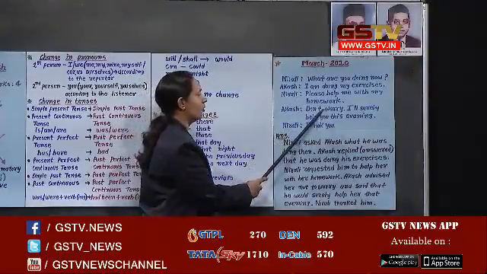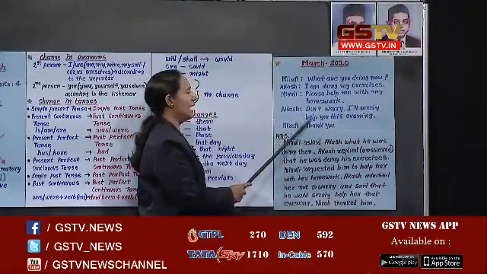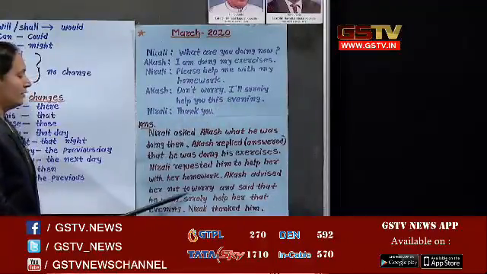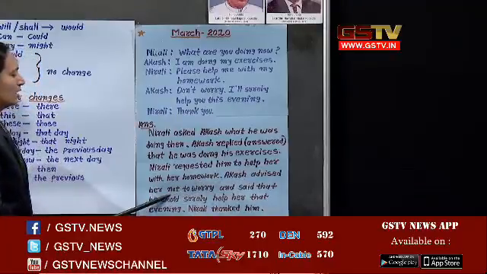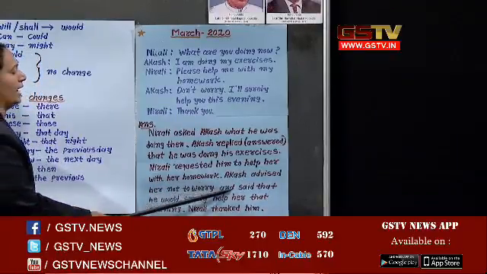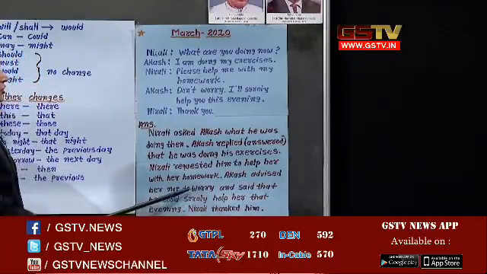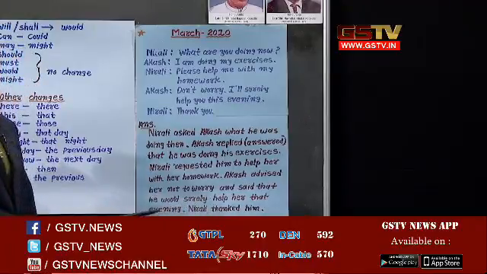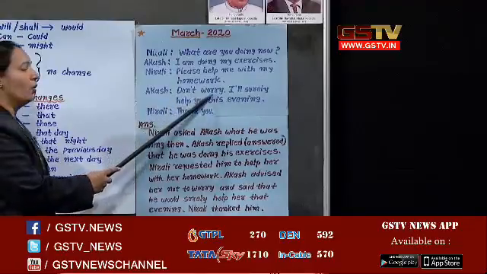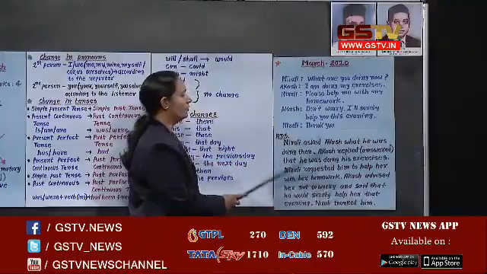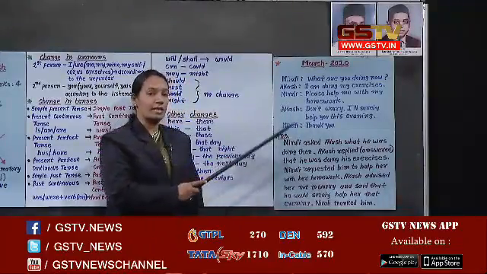Akash says, don't worry, I will surely help you this evening. So here Akash advised her not to worry and said that he would surely help her that evening. Here you can see the changes. If it is don't worry, we will use the words Akash advised her.